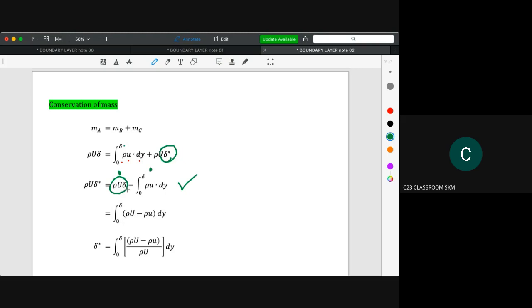So we replace this term with the integral from 0 to delta of rho u dy, minus the integral of rho u dy, and simplify it.